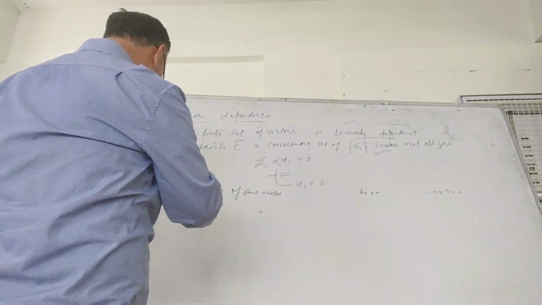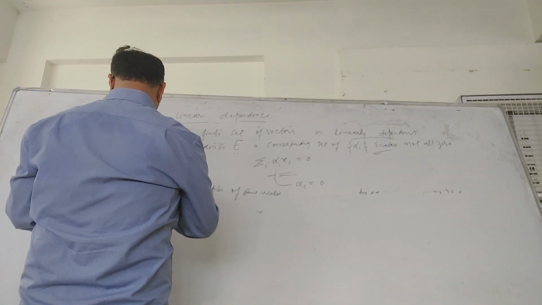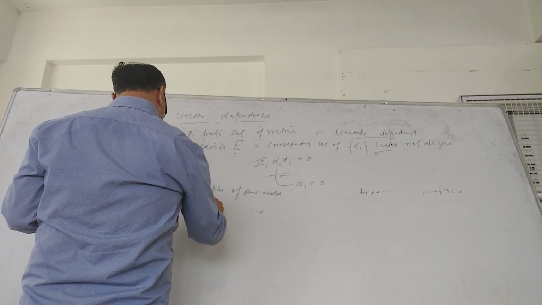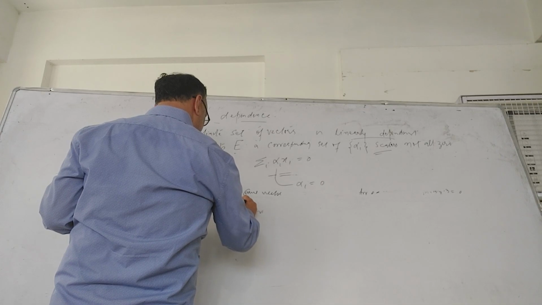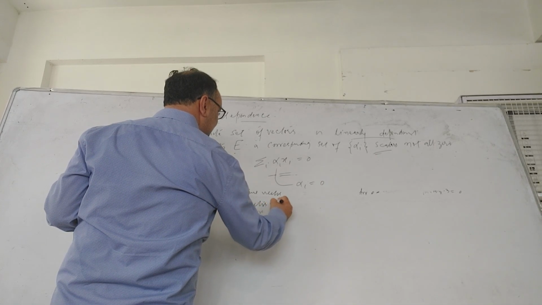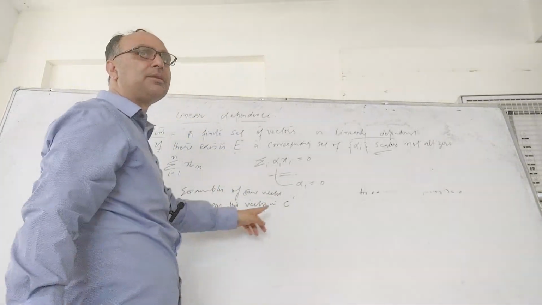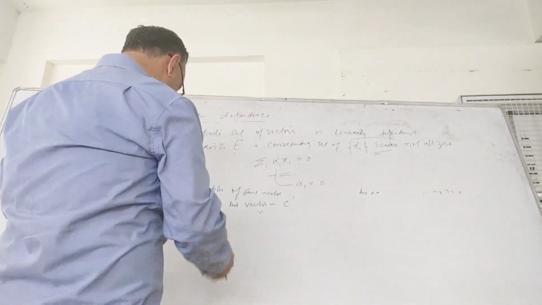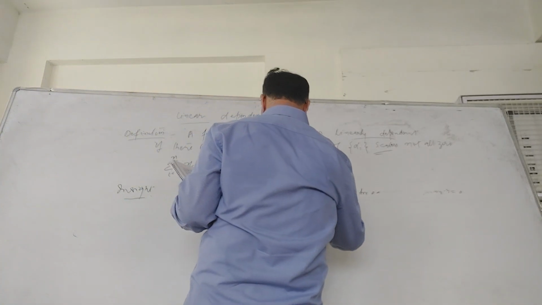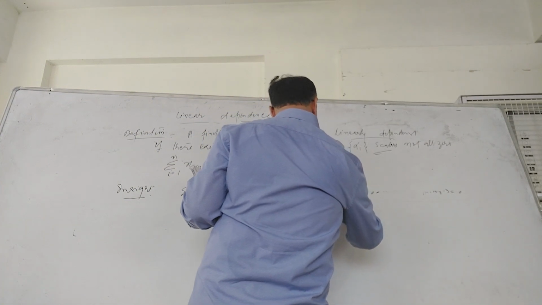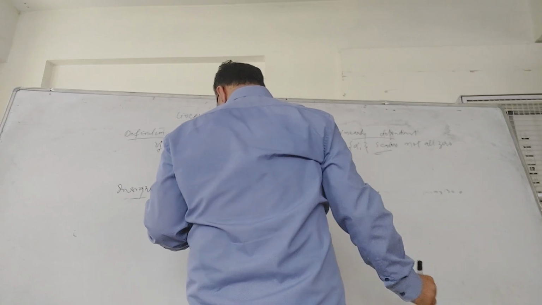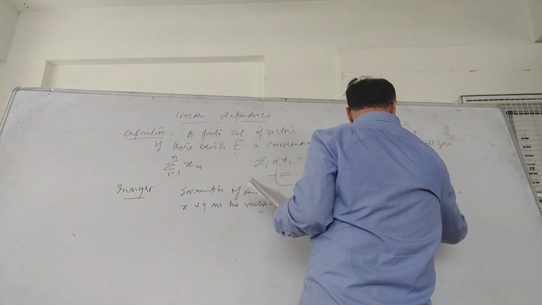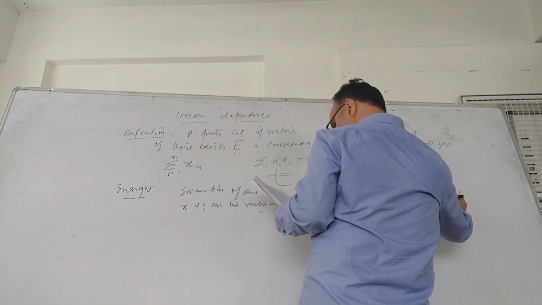So how can we, for example, if x and y are two vectors in C1, maybe the complex field, so x and y form a linearly dependent set.